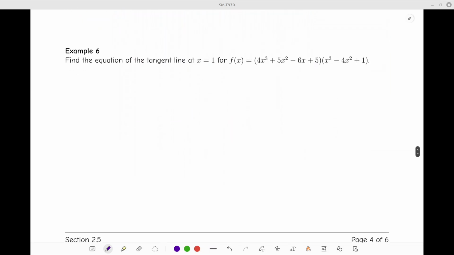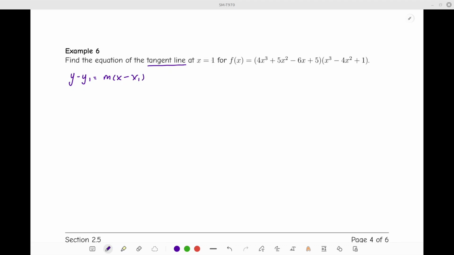Example 6. Find the equation of the tangent line at x equals 1 for f of x equals this function. Now, remember, tangent line, we are thinking y minus y1 equals m times x minus x1 because it said line.